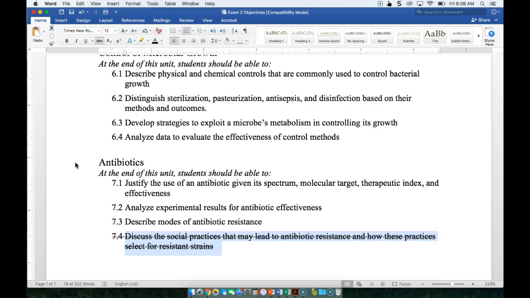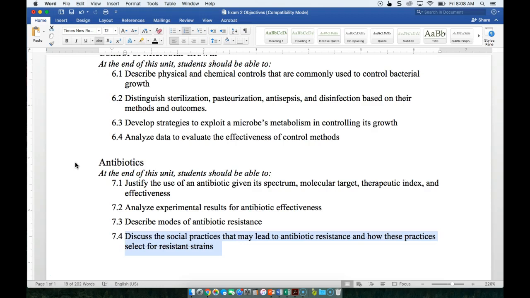Basically, the thing I've said for this is memorize that chart. Make sure that you know the targets for the different antibiotics and that you know the pathways that are inhibited. And then we talked about how, for example, we want to choose drugs that, if we had a choice, would have a higher therapeutic index, and that is dependent on the toxic dose and the therapeutic dose. We'll come back to the importance of spectrum later.